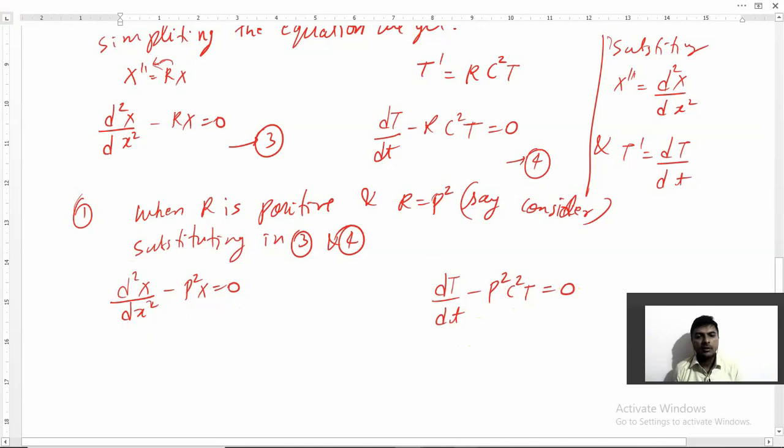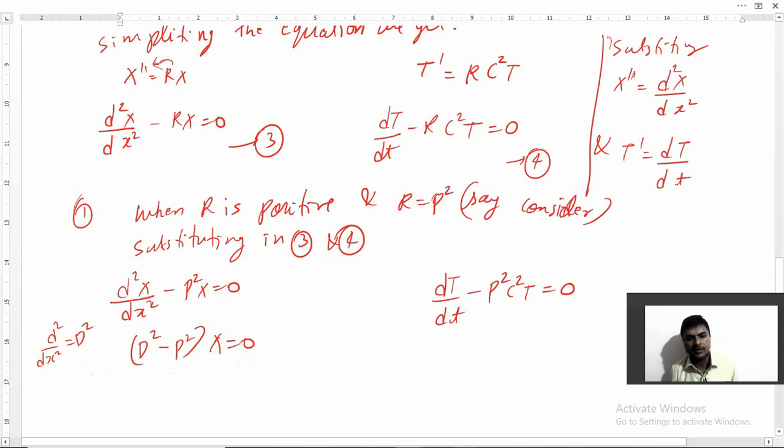Okay, now you want to get the solution. Please remember, friends, whenever you are solving this type of equation, you always consider the auxiliary equation. What is the auxiliary equation, friends, you have come across? So this d square upon dx square, I will substitute as d square. So this is going to become d square minus p square, taking x common, x is equal to 0. We want to find the solution.